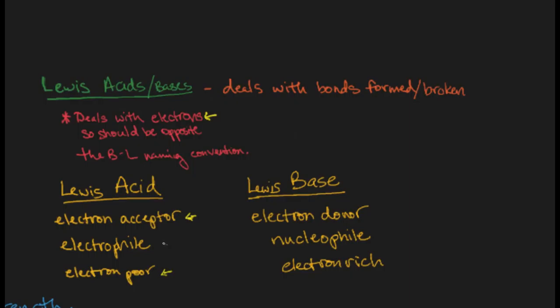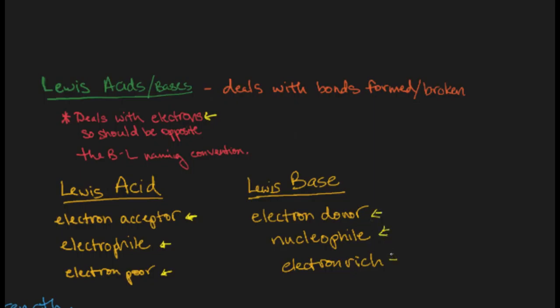And we call such species that are electron poor electrophiles. This term will be used a lot later on in your study of organic chemistry if you get that far, when we deal with nucleophilic and electrophilic reactions. So a Lewis base, in contrast, is going to be electron rich, the donor, because it has too many electrons, and we refer to that as a nucleophile.